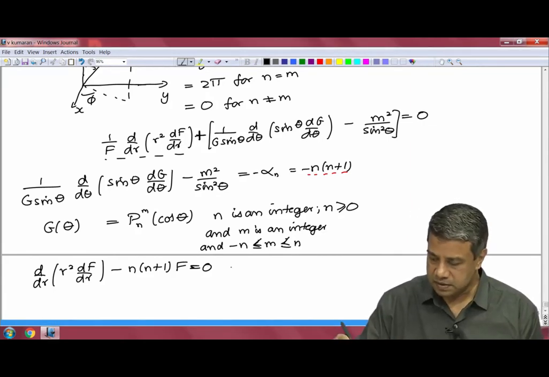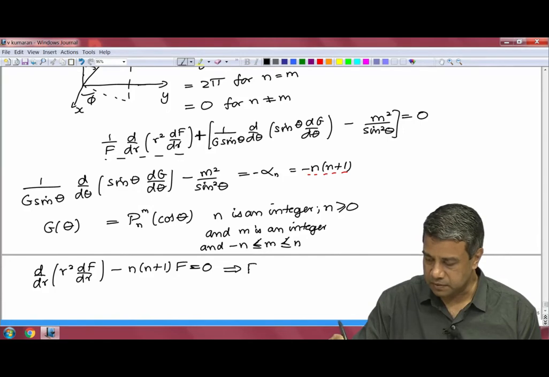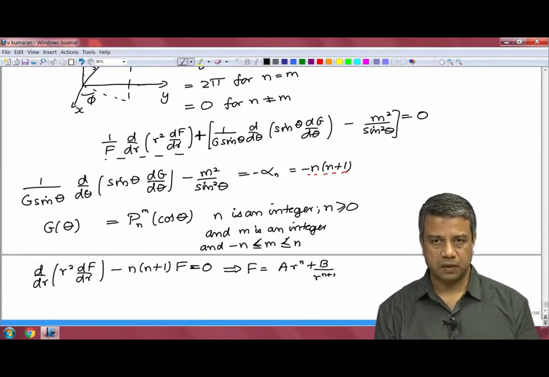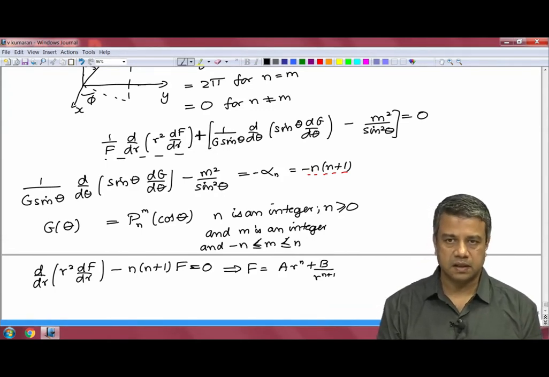And this provides us the solution f is equal to a r power n plus b by r power n plus 1. Those are the growing and decaying harmonic solutions.